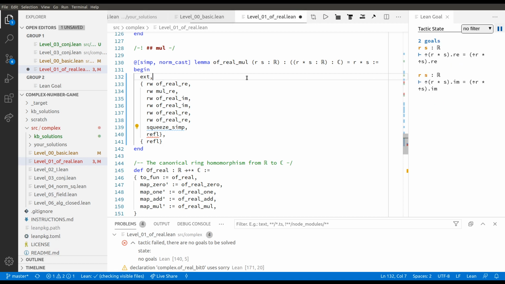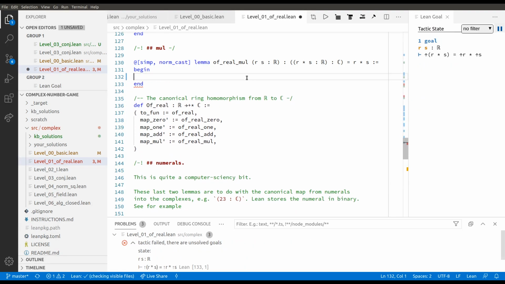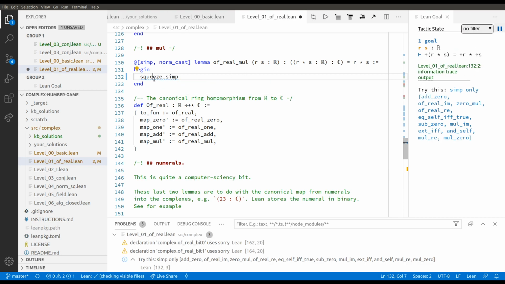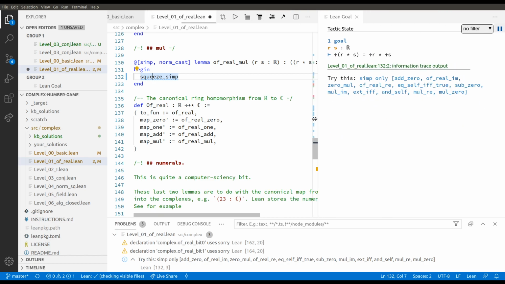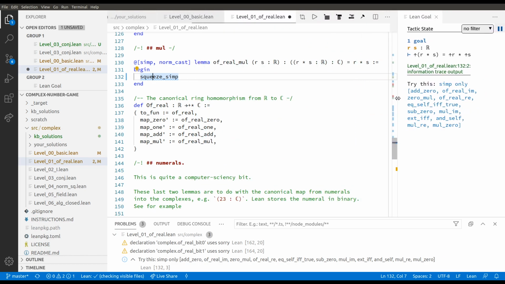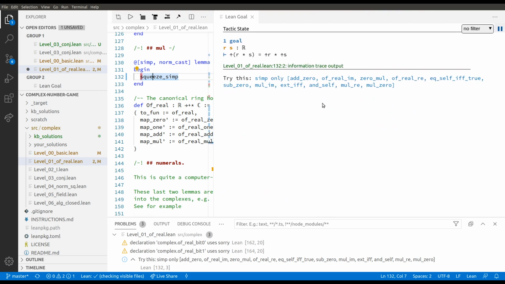In fact, I could have done everything like this, couldn't I? So the imaginary part will be just the same. I could do squeeze simp there, and then we can see these are all the facts that the simplifier needed to prove that the product of the real numbers r and s, regarded as a complex number, is the product regarded as a real number.